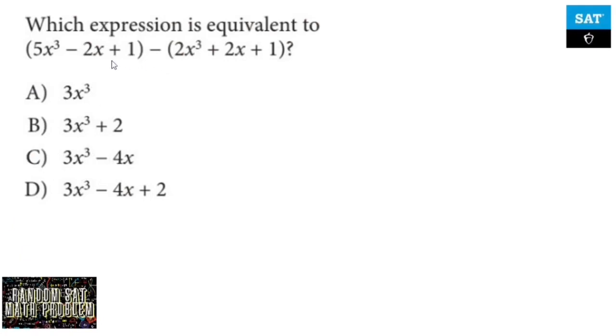Which expression is equivalent to that guy right there? I'm not going to show a ton of work, but the one thing I am going to do is understand that if I have either a plus sign or nothing in front of a parentheses, I don't need those parentheses. So I have 5x cubed minus 2x plus 1. If I have a negative in front of a parentheses, I distribute the negative. So negative 2x cubed, negative 2x, negative 1.